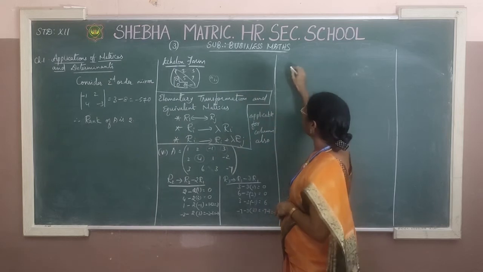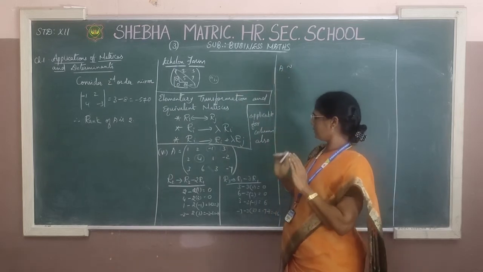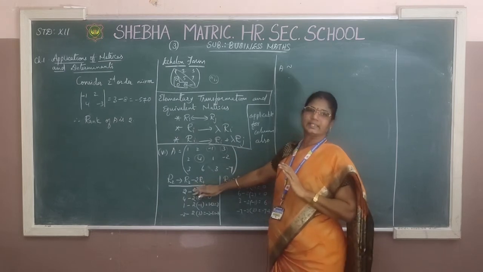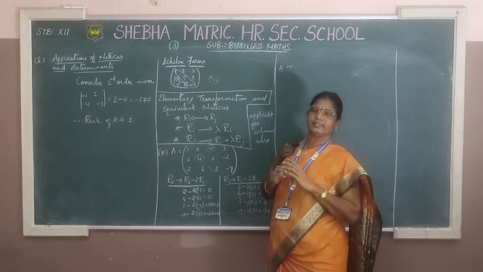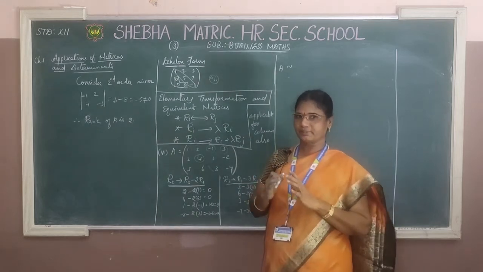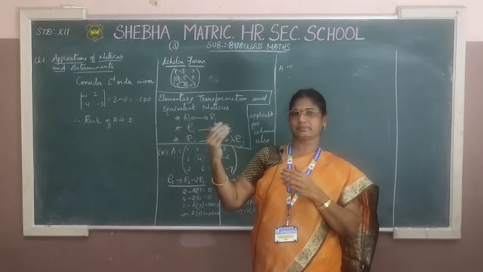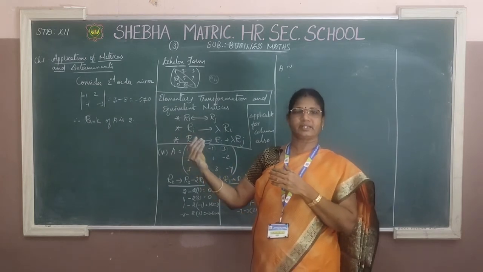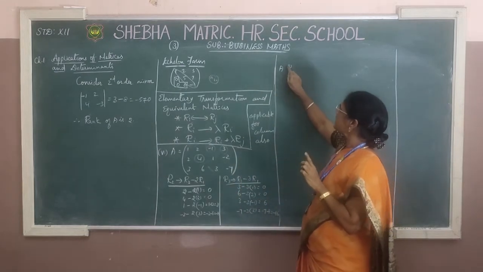We use only tilde. Why? Because after doing this elementary transformation, it is not exactly equal. We already studied in the 11th standard the properties of determinants. If you change any two rows or columns, its determinant value becomes negative, isn't it? For that only you have to use tilde.